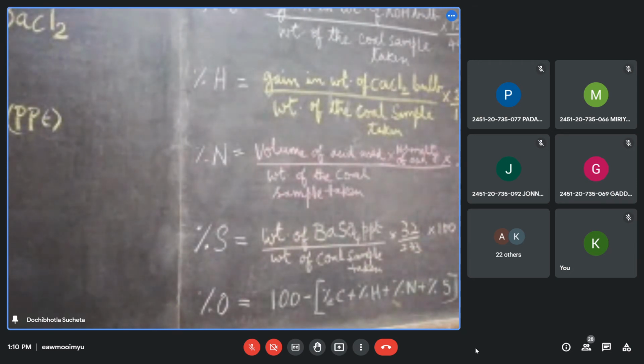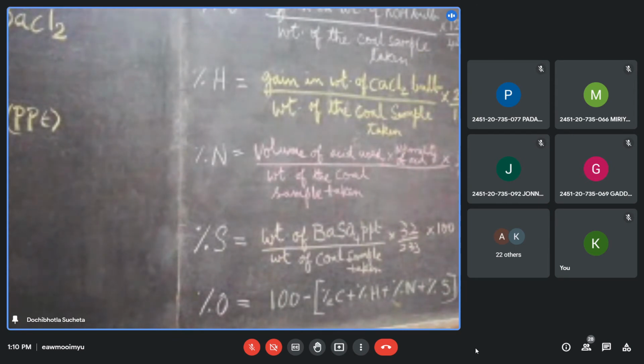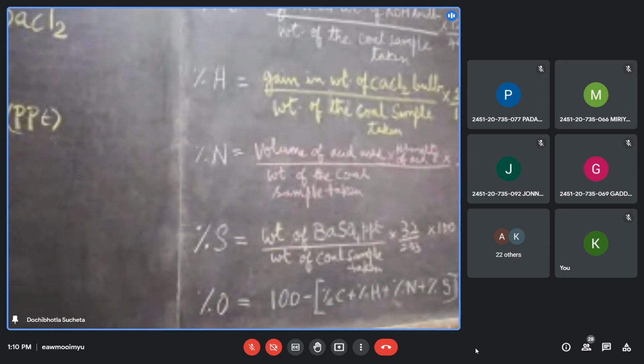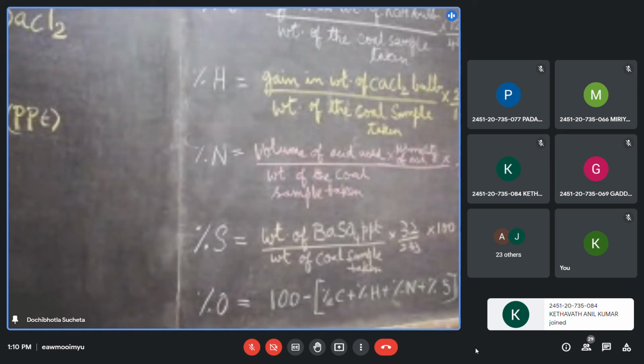In summary, carbon supports combustion and increases the calorific value, directly proportional. Hydrogen also supports combustion and increases the calorific value, but not all hydrogen is available. Some is present in the fuel as moisture, as combined hydrogen, and it decreases the calorific value. But in general, hydrogen supports combustion and increases the calorific value.